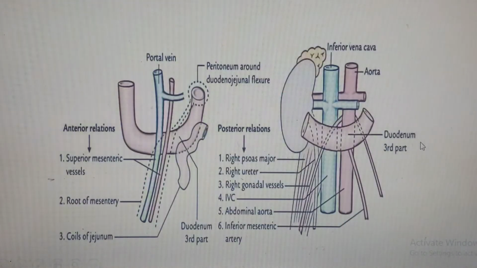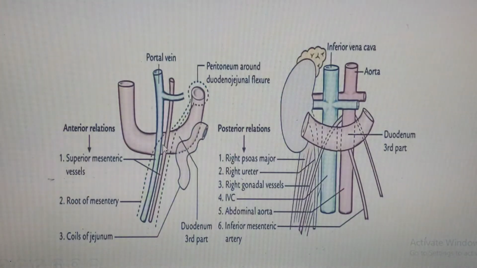Now for the third part of the duodenum, as the question says, we're looking at the anterior relations of the third part of the duodenum. The third part of the duodenum is what we call the horizontal part, or some people call it the transverse part, but it's better we call it the horizontal part. Running in front of it are these vessels, the superior mesenteric vessels, the artery and vein.